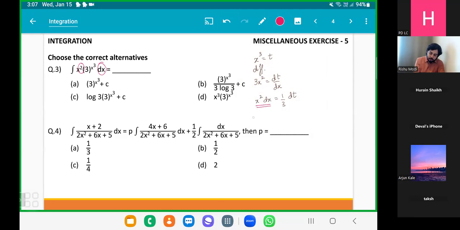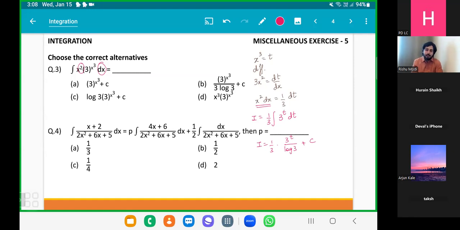So my new question will look something like this: 1 by 3 integral of 3 raised to t dt. We know that 3 raised to t is nothing but the a raised to x formula. So that will become I is equal to 1 by 3 a raised to x upon log a plus c.